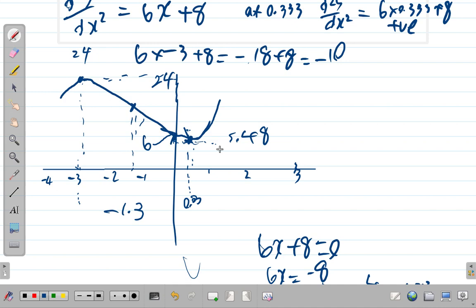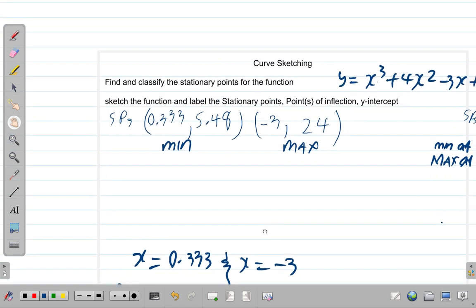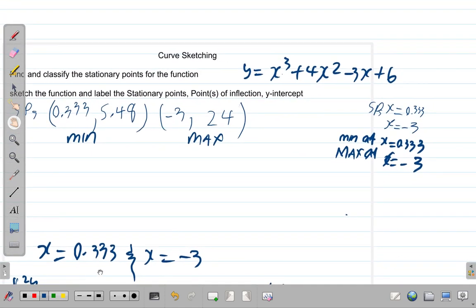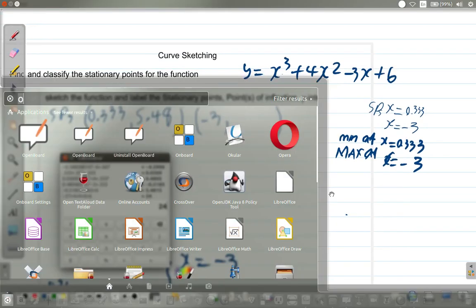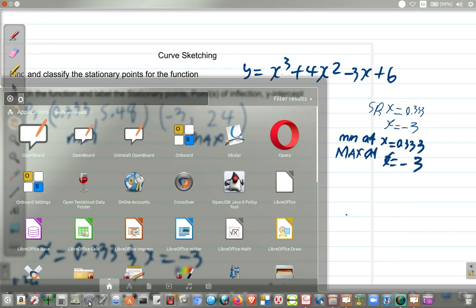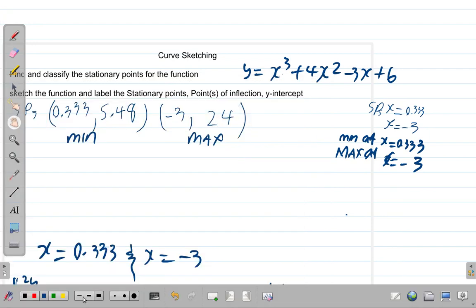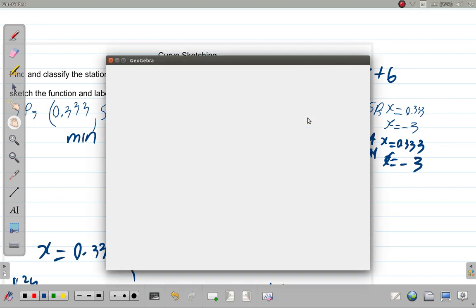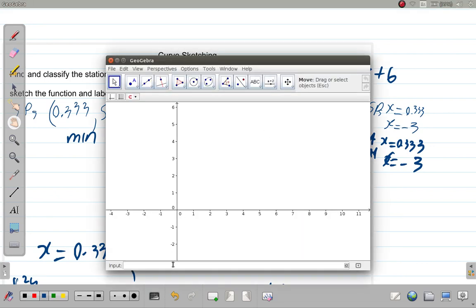Alright, but anyway, let's plot it on a graph and see what's happening. Let's open our graph plotter. X cubed plus 4x squared minus 3x plus 6.